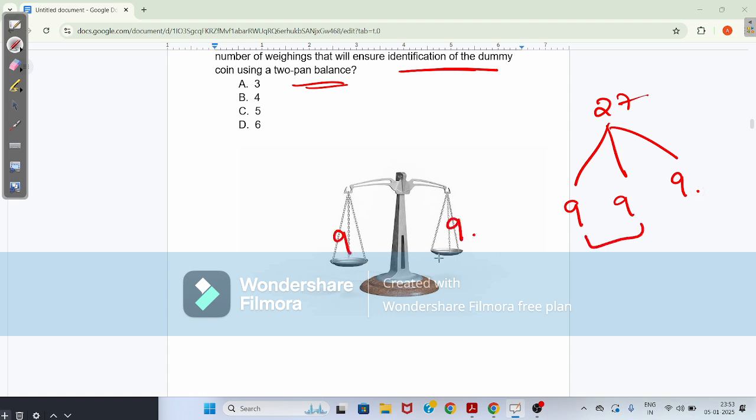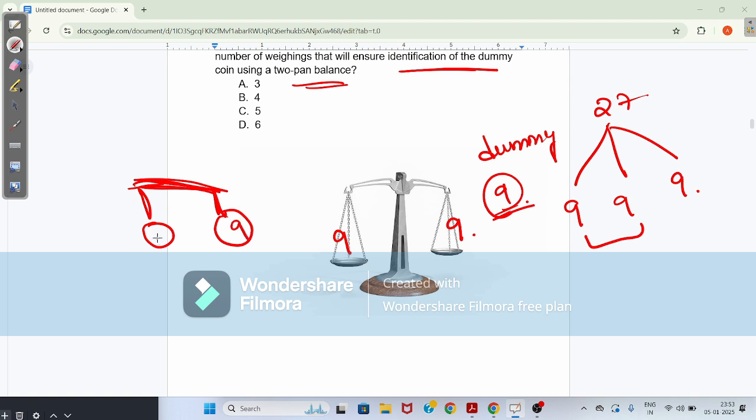If these two are equal, the dummy coin will be in the remaining 9. Or else if the pan balance tilts like this, the dummy coin weighs less, so this 9 will be heavier and this will be lighter, means the dummy coin will be in this pan.